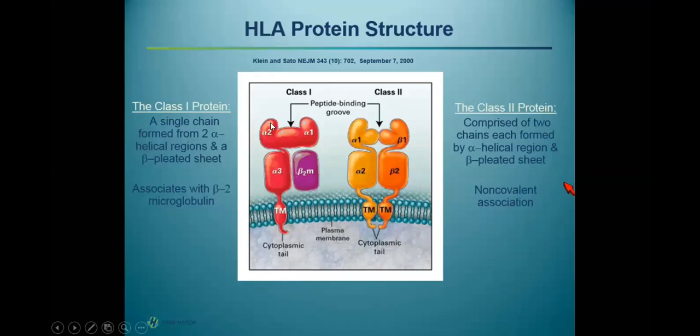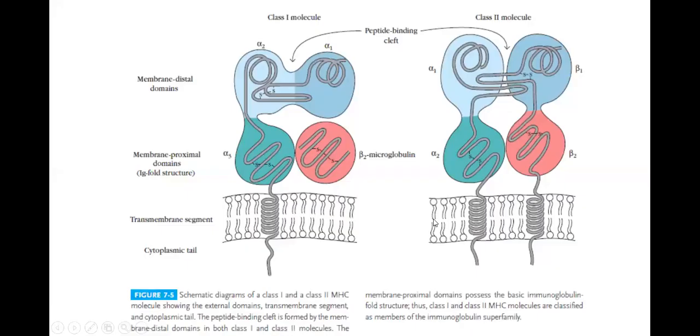In terms of location and exposure, the cytoplasmic tails are internal to elicit a specific gene response, but toward the exterior you see a specific cleft or groove called the peptide binding groove that helps in antigen binding and also in association with specific T cell molecules that we will see in further classes. So the protein structure of class 1 and class 2 can be understood in terms of the fundamental protein bonds. It is the same thing we spoke about in the previous slide, in a different diagrammatic representation.